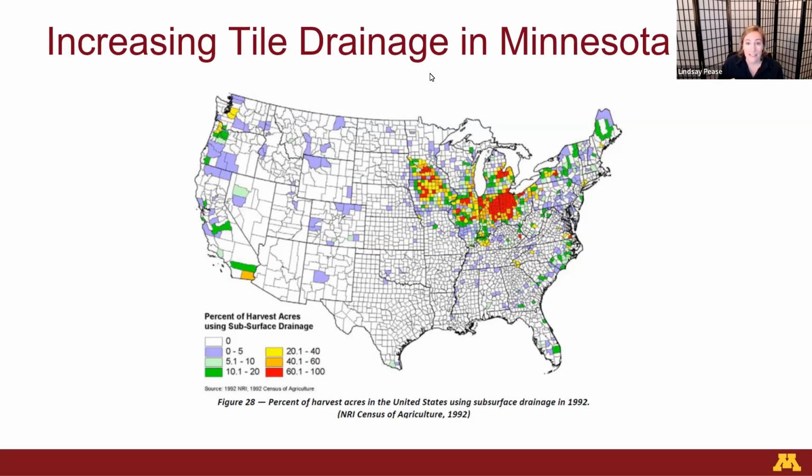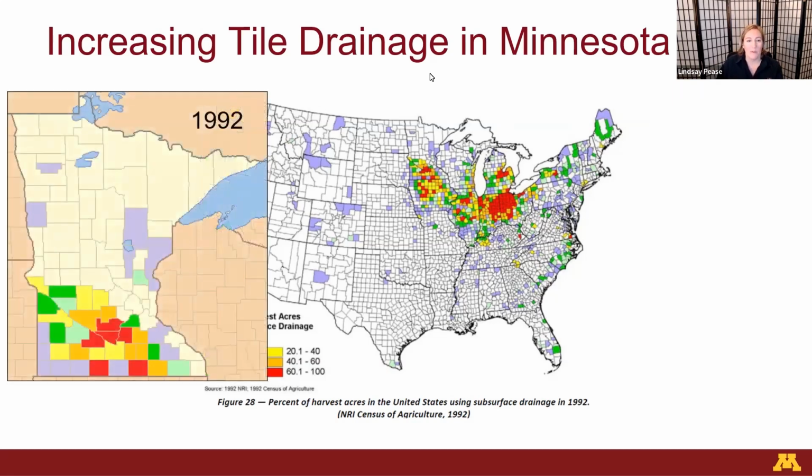That was in 1992, according to the Census of Agriculture, the most intensively drained region of the entire United States. If we zoom into Minnesota as an example, back in 1992, really only southern Minnesota had drainage, and it's pretty sparse as you move further north.